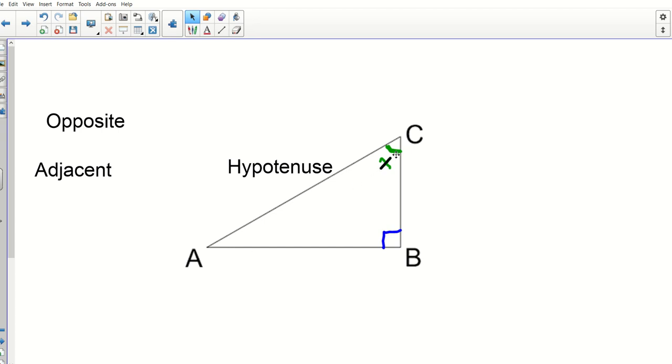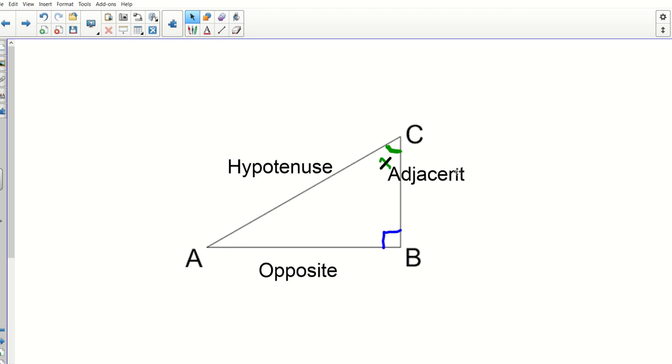Now the opposite side is across from the reference angle, angle C, which has an unknown degree measure of X. The opposite side is going to be side AB. It is across from angle C. And finally, that leaves the adjacent side, the side next to angle C but not the hypotenuse. In this case, side CB.